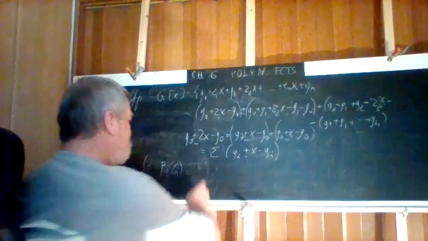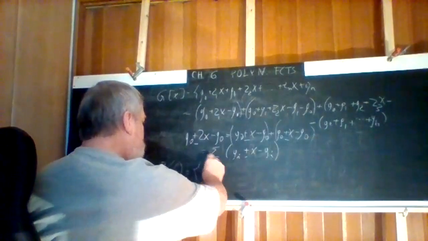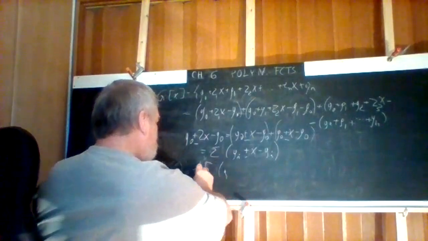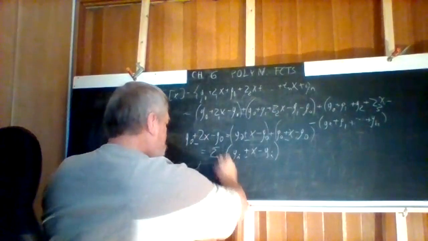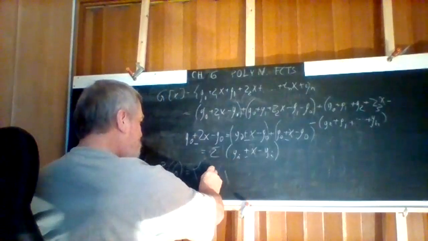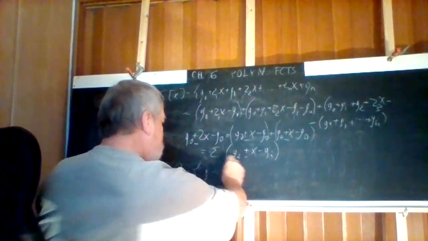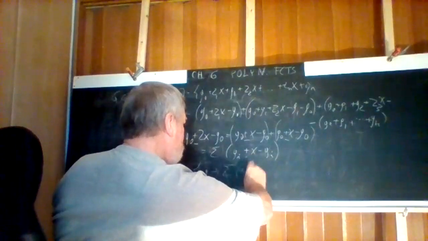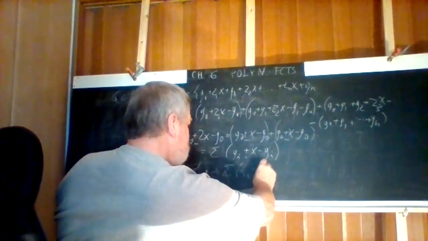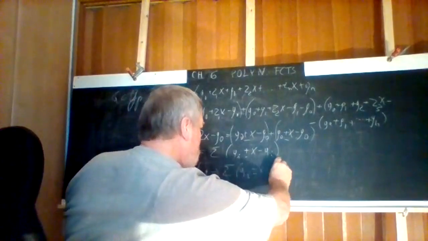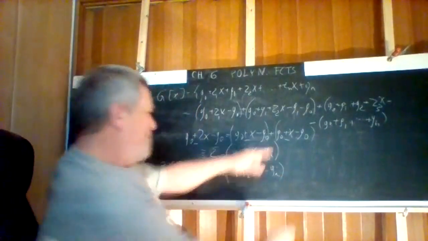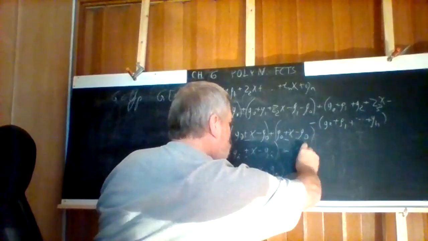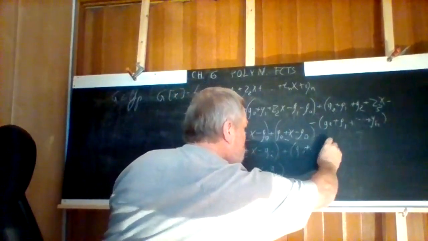So it's the sum of all maps, say g goes to the sum of g_i plus or minus X minus g_i. Oh yeah, and I forgot here to add g sub naught up to g sub n.